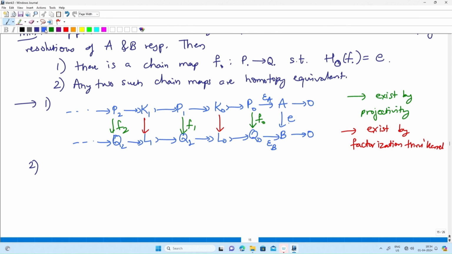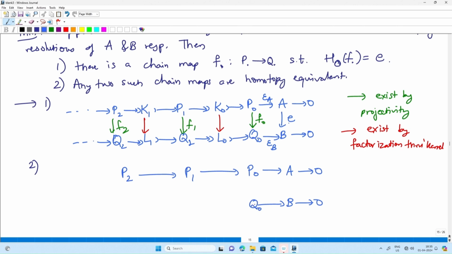So I'm going to again draw another diagram, but a much smaller version now. So we don't want to talk about all the intermediates for the top diagram, and for the bottom one, we will need all of them.